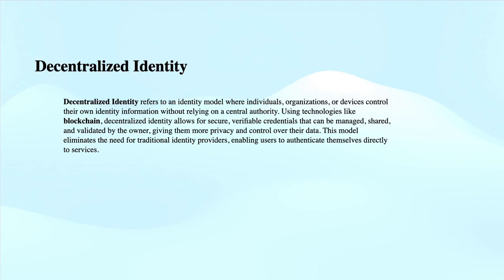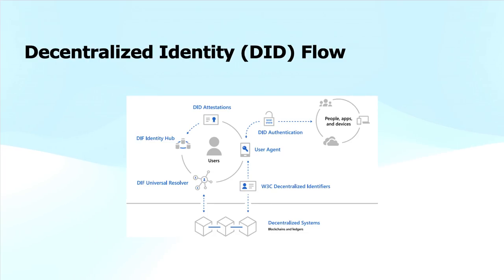The decentralized identity flow that you see here is based on decentralized identifiers, also referred to as DIDs. DID users create, own, and control their identities independently of any organization or government. DIDs are globally unique identifiers linked to decentralized public key infrastructure metadata, composed of JSON documents that contain the public key material, authentication descriptors, and the service endpoints.